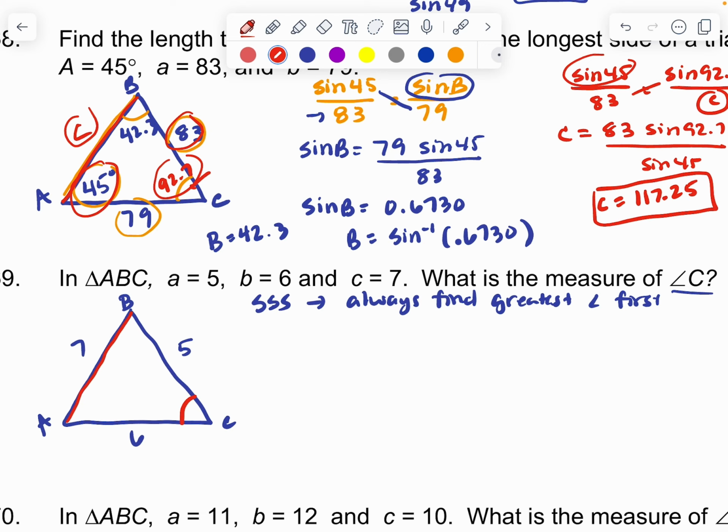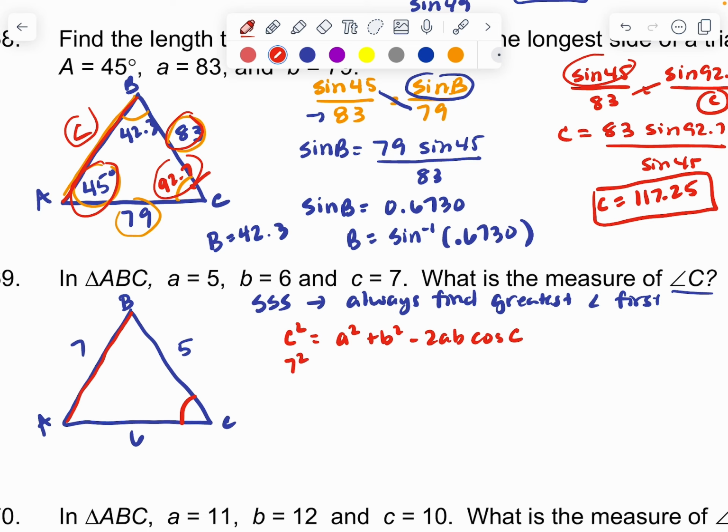Now look, I can't use law of sines anymore because I don't have an angle on the opposite side. So this time I'm going to have to go to law of cosines. Because I'm looking for angle C, I'm going to start with c squared equals a squared plus b squared minus 2ab cosine of c. So let's plug everything in.